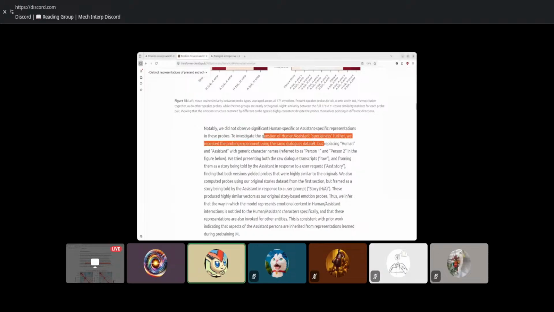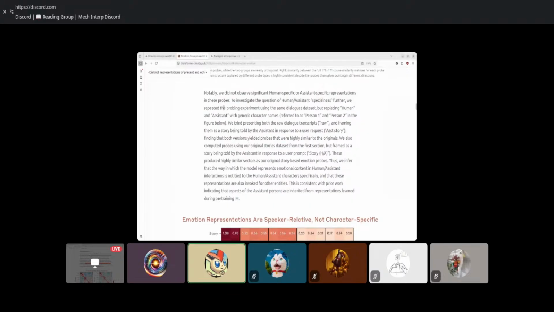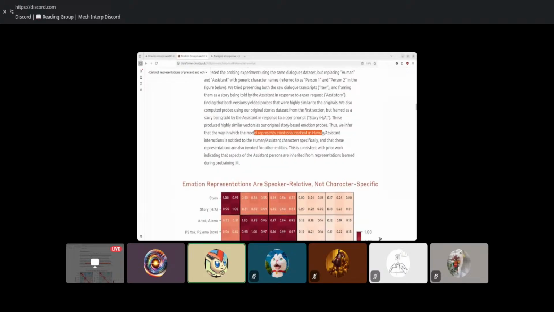I think they repeated the experiment using the same target, but replacing human and assistant with generated character names. Oh, that's interesting. So they see if the assistant tag is special.